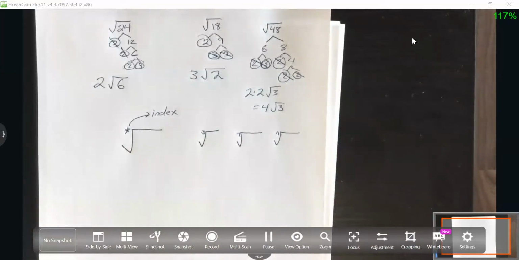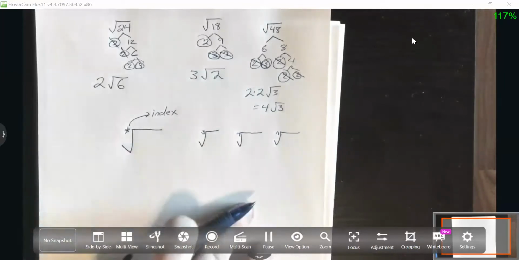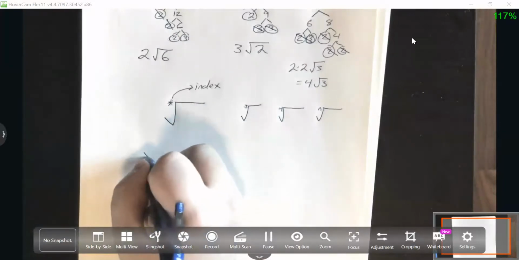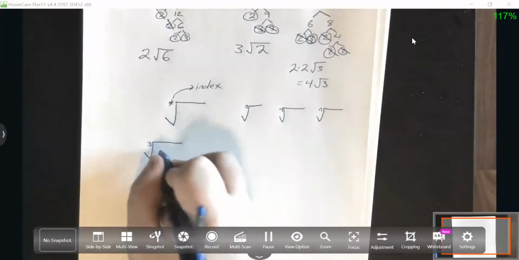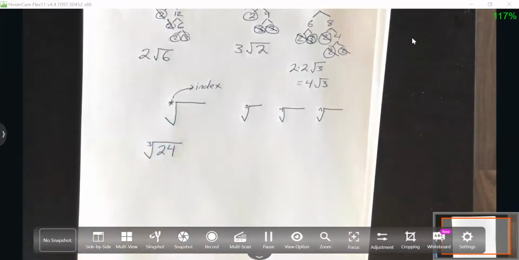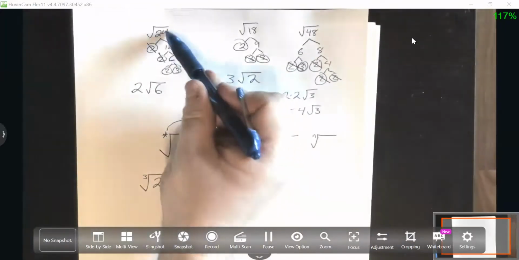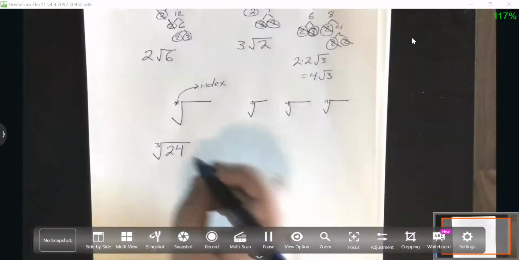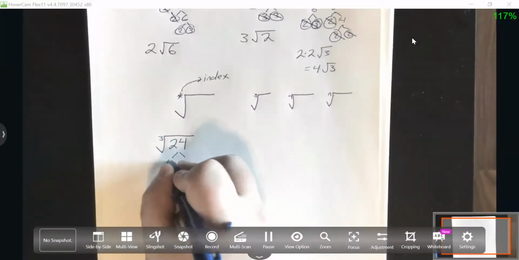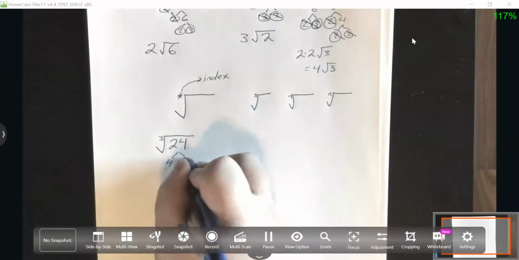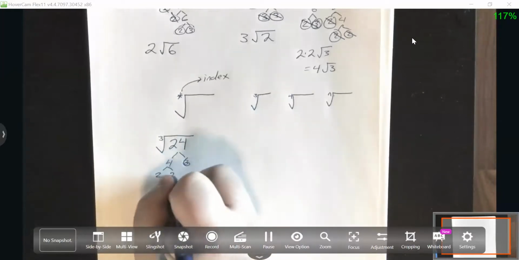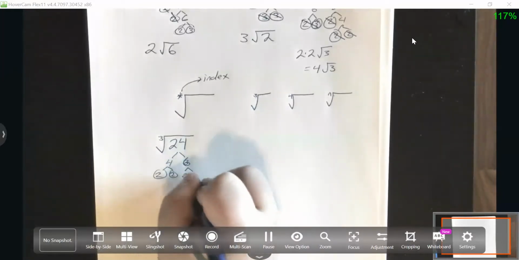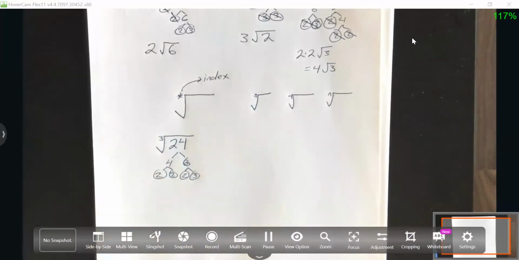Let's revisit what that index means when we're breaking down numbers. If we wanted to look at the cube root of 24, we would break it down the same way. Just like when we had root 24, we'll still do the prime factorization: 4 times 6, 2, 2, 6 gives me a 2 and a 3. There's my prime factorization.